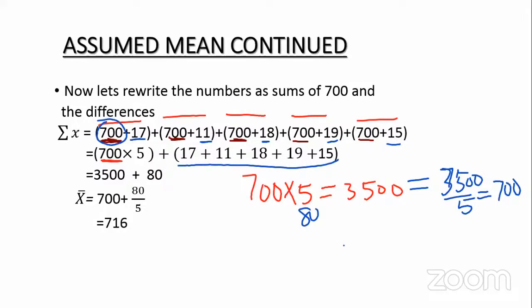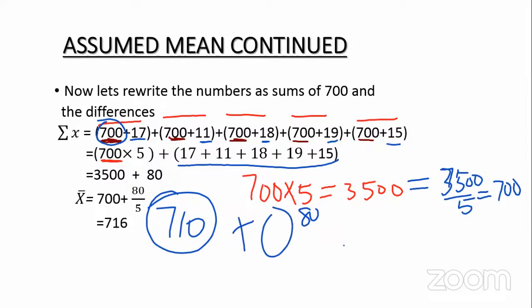I could have taken another number like 500. Then it would be 500, 500, 500. The mean of 500 will still be 500, plus the mean of what is on top of the 500. Even if I took 710, the mean will still be 710 plus the mean of what is on top of the numbers.